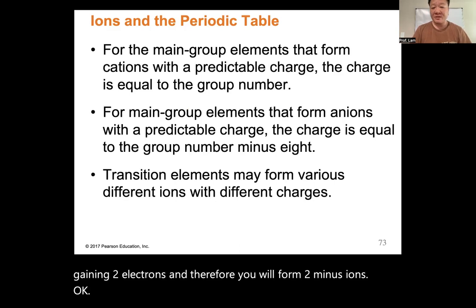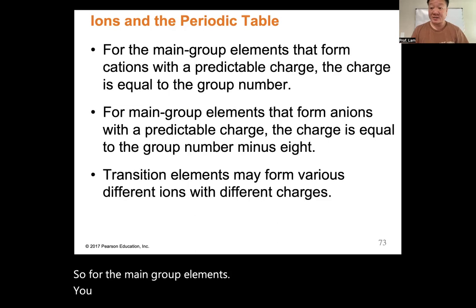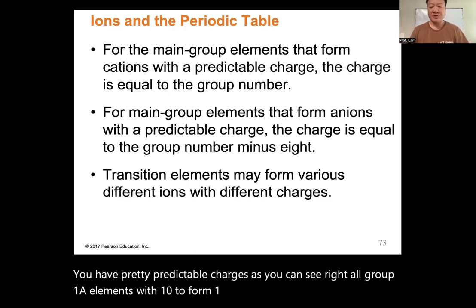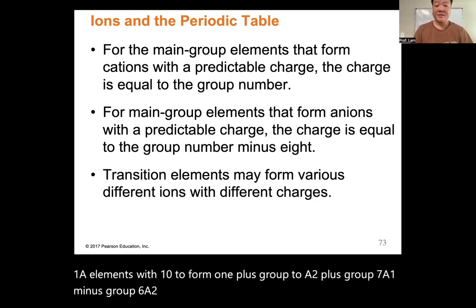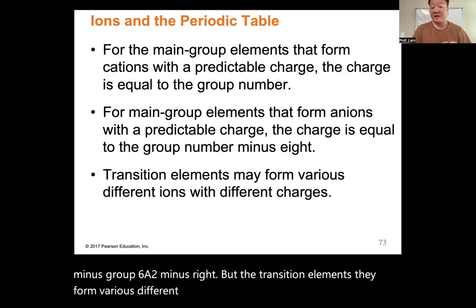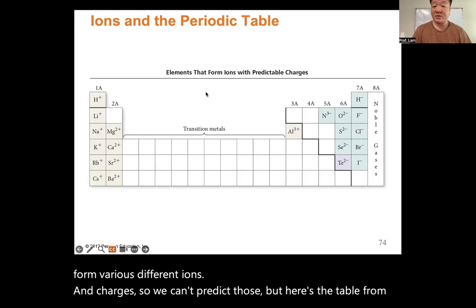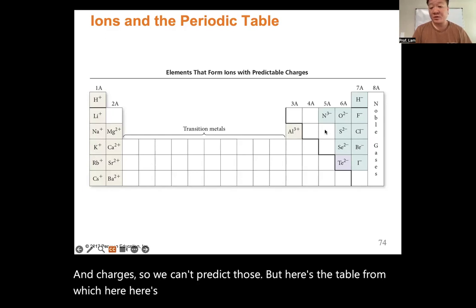So for the main group elements, you have pretty predictable charges, as you can see, right? All group 1A elements would tend to form 1+, group 2A 2+, group 7A 1-, group 6A 2-, right? But the transition elements form various different ions and charges. So we can't predict those, but here are the ones shown that are predictable.